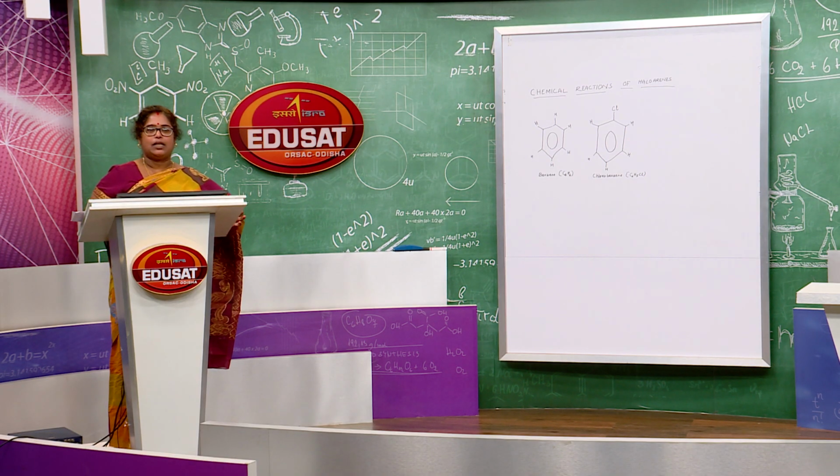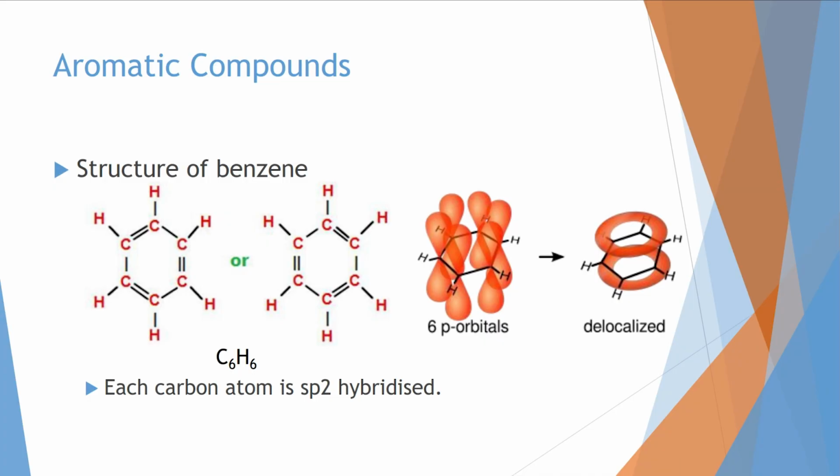Dear students, whenever we talk about an aromatic compound, immediately the structure of benzene comes to our mind. Actually, as you know, aromatic compounds follow the 4n+2 rule for the number of pi electrons. So, the benzene molecule, for example, has 6 pi electrons.